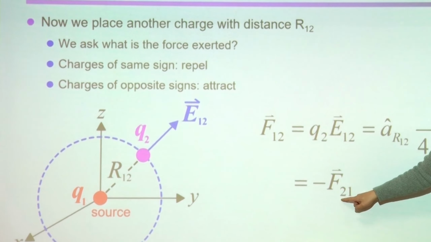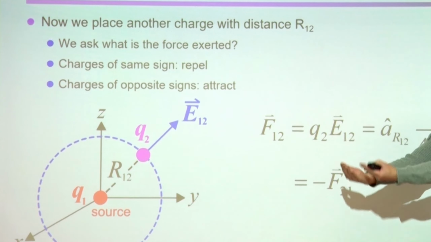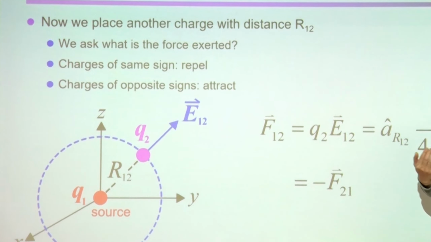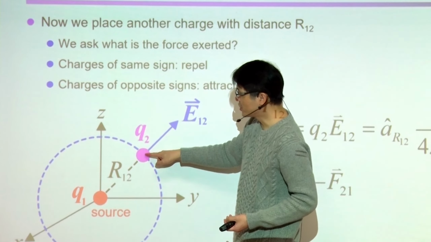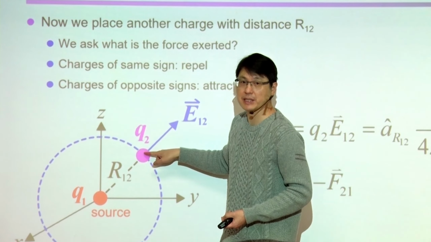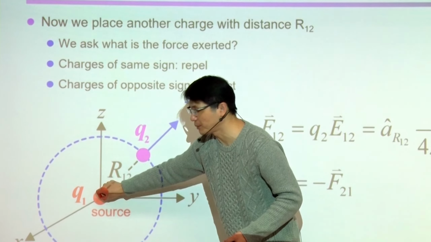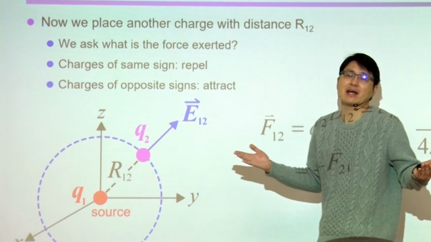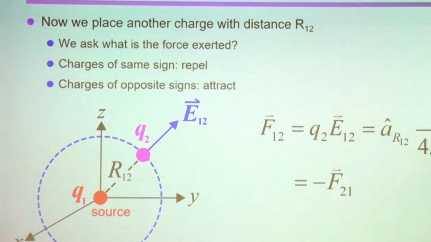But at the same time, charge number 2 also creates its own field intensity pattern, and that field could also exert a force onto charge number 1, right? It's just a role reversed. You can imagine initially you have Q2 in space only, then you bring charge number 1 to this location. Exactly the same, it's just reversed.